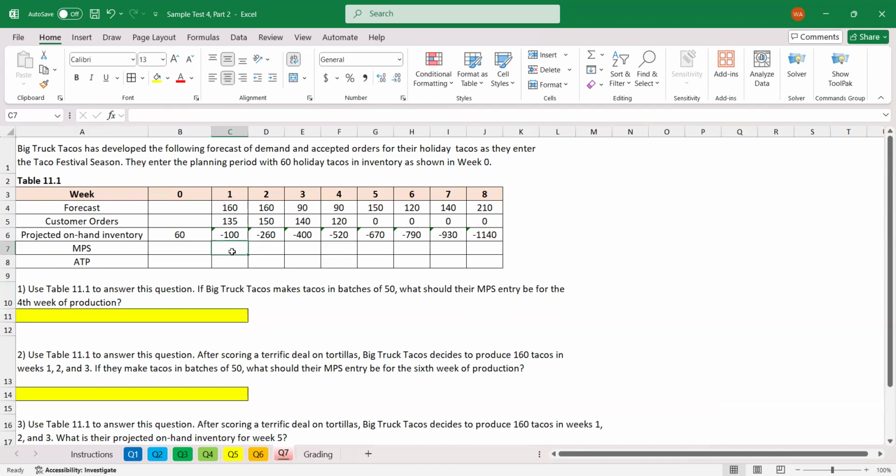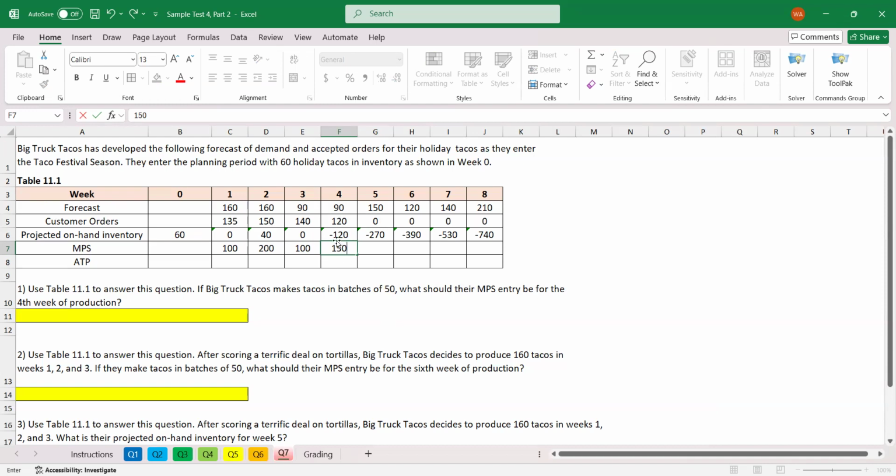Okay, so they need to have 100 tacos made in week 1. Since this is 160 and they're making it in batches of 50, they need to make 200 tacos here. Okay. In week 3, they're going to need to make 100. In week 4, they're going to need to make 150 because they are making it in batches of 50.